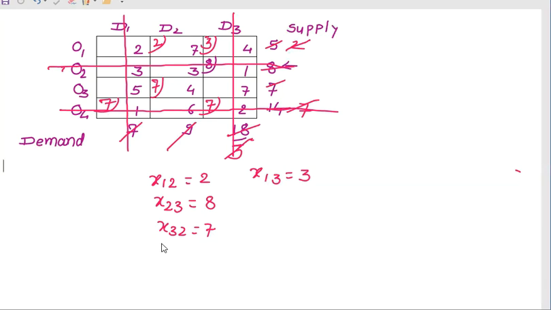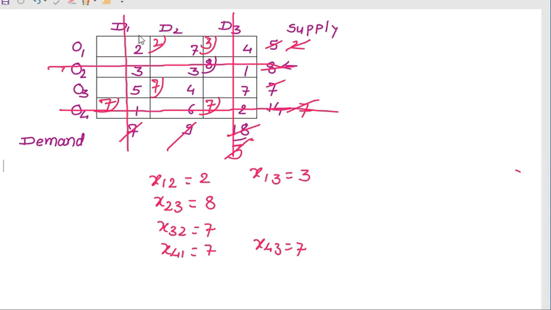And fourth row, X41, that is from the fourth factory to the first warehouse, 7 units are transported. And from the fourth factory to the third warehouse, again 7 units are transported. So this is a solution. It is a feasible solution because the row requirements and column requirements are satisfied.